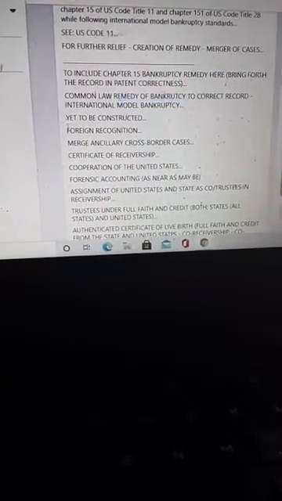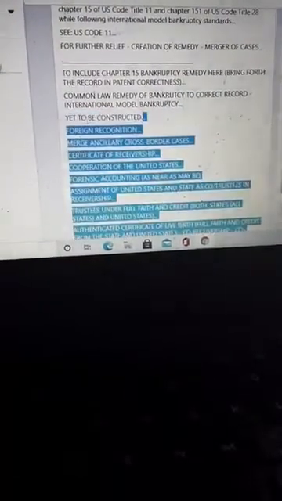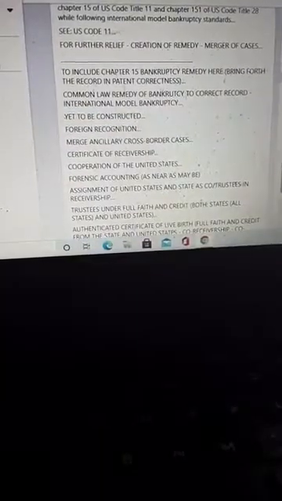They are insolvent and operating that legal fiction that they created. And we are operating under foreign recognition in a private right, merging the ancillary cross-border cases under a certificate of receivership that we're going to create within for further remedy, creation of remedy.